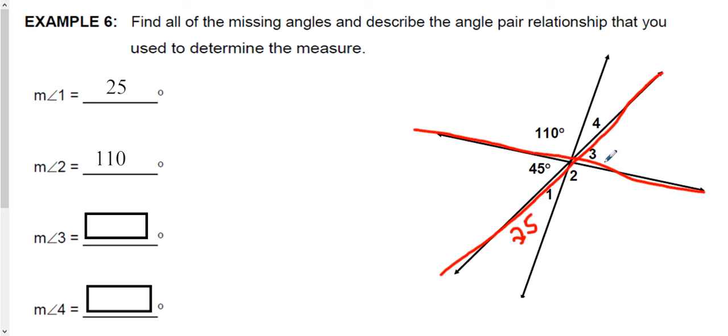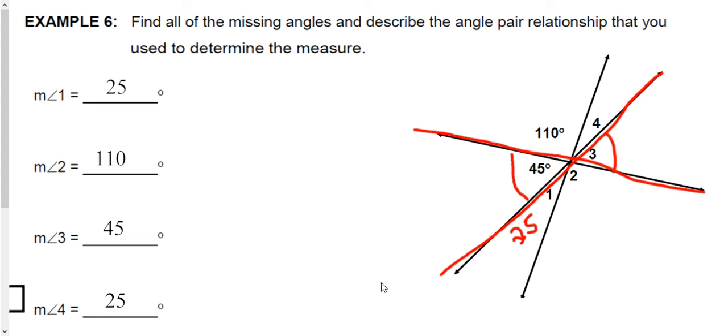So if you look at these, angle 3 is vertical with this 45 degrees. So angle 3 is equal to 45. Vertical angles are congruent. And then of course you can see that 1 and 4 are also vertical. So 1 and 4 are equal, so 4 would be 25 degrees like we filled in.